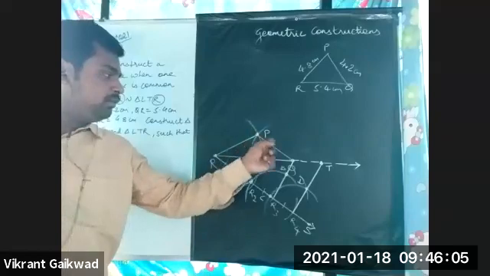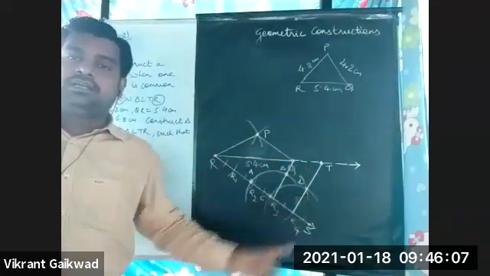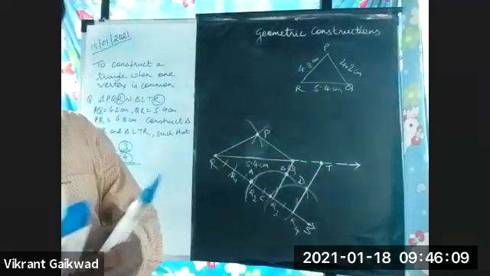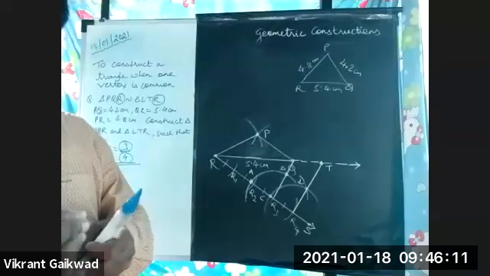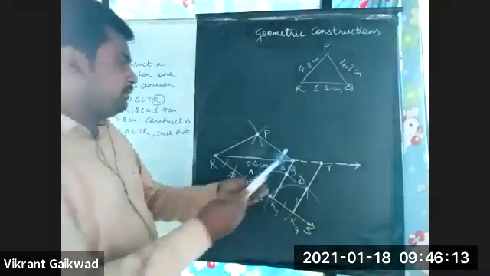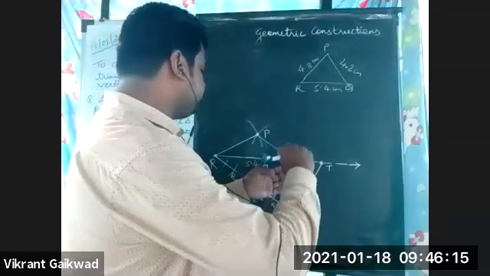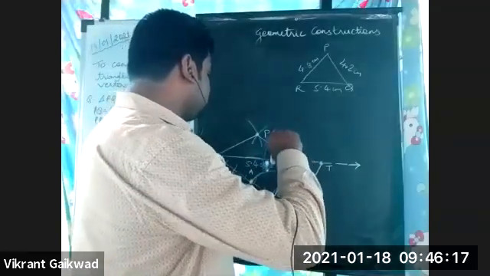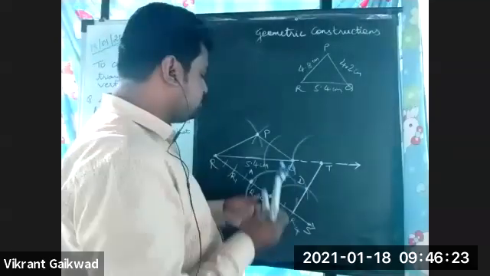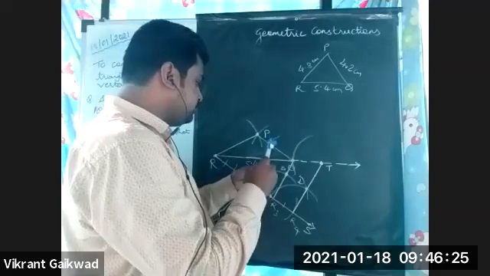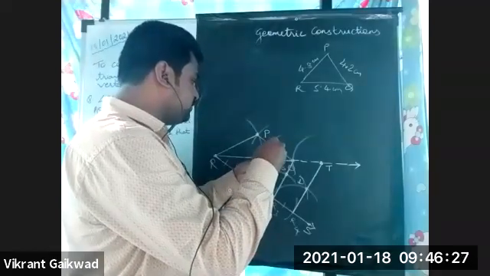Again, to draw the copy of a given angle, you need to take a small distance on your rounder, keep the tip at Q, cut an arc. Keep the tip at T, cut an arc. Take the distance between the two arms.